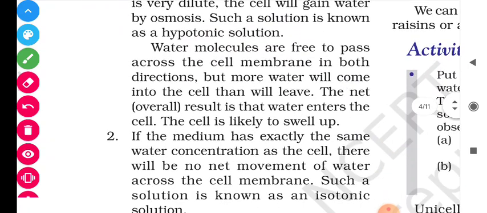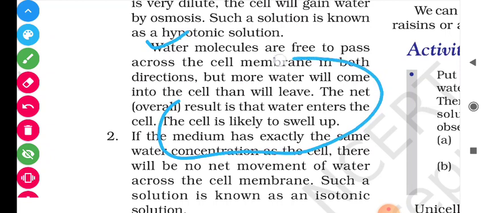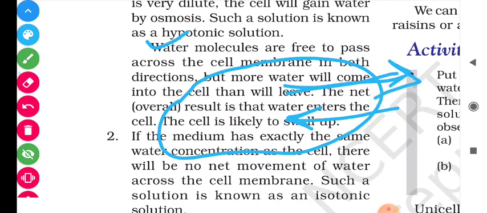Moving forward, water molecules are free to pass across the cell membrane in both directions. So both kinds of exchange take place: the exit of water and the entry of water, from and to the cell.